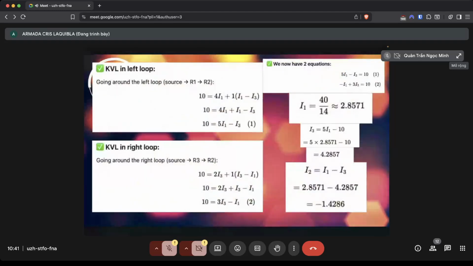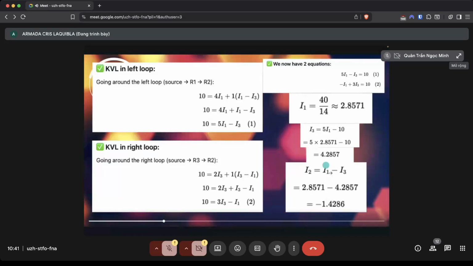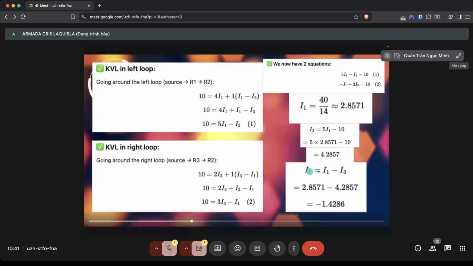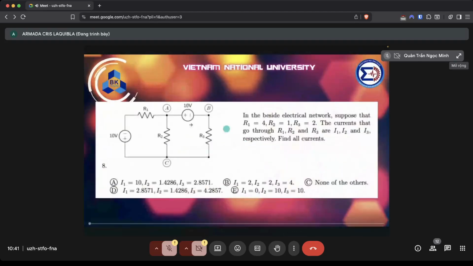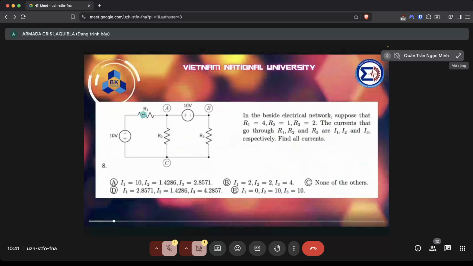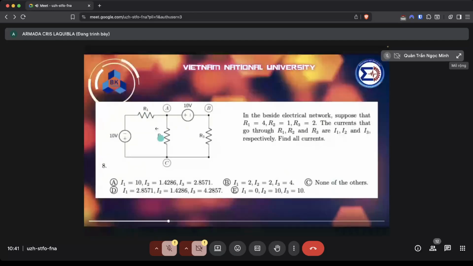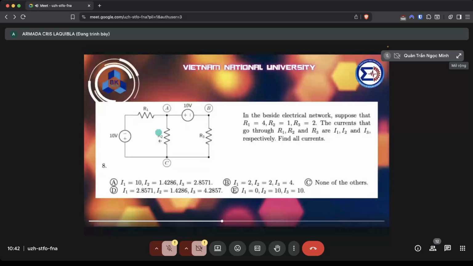And you will say, if this is positive, this is I1 minus I3. What's the direction of this? The direction of that, class, is here. Your R1 will go here, and then your I2, the current in R2, you go here, right? In this part.